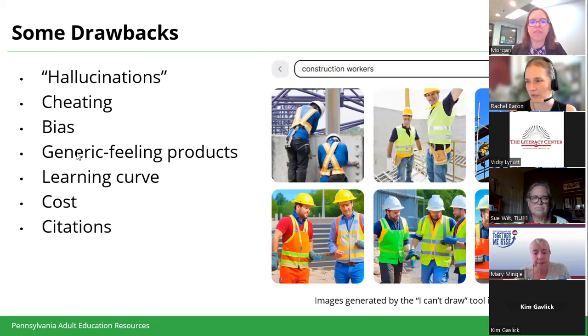And some other drawbacks with AI is that sometimes the products end up feeling really generic. So if you ask it to write an article about something, it's not going to have a lot of personality because it's an AI.